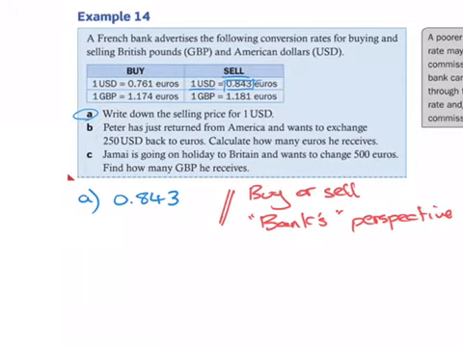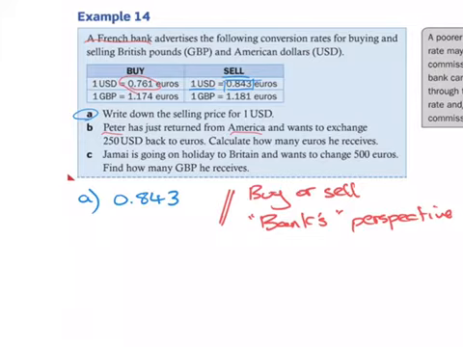So we're looking to buy or sell from the bank's perspective. Peter here is returning from America, so the bank is going to buy his US dollars from him. This is a French bank, so generally people work in euros. The bank wants to buy them, which means we're going to use this figure here, 0.761.